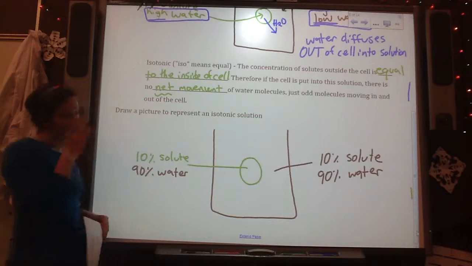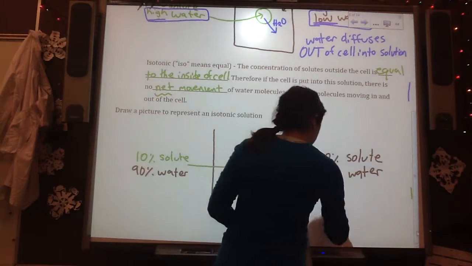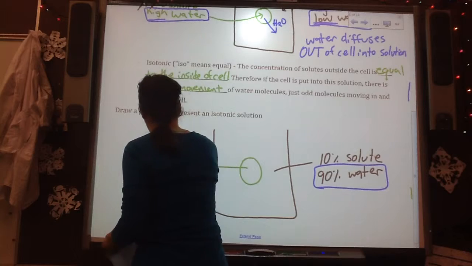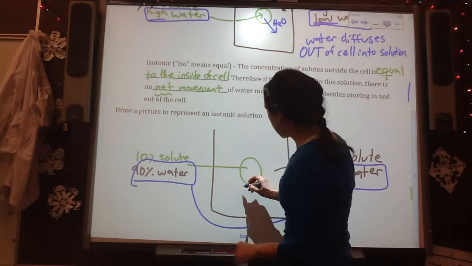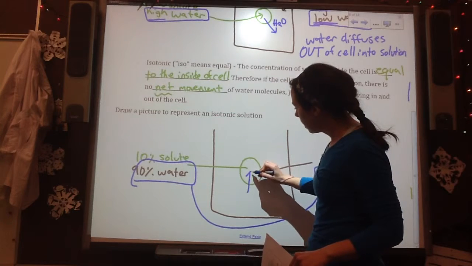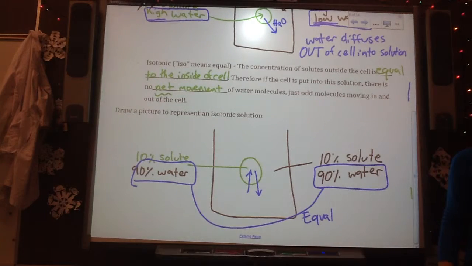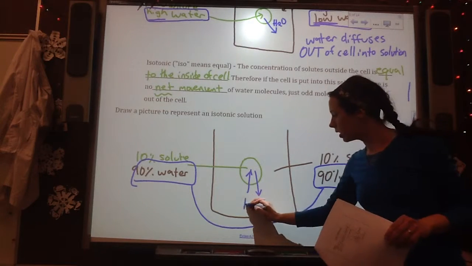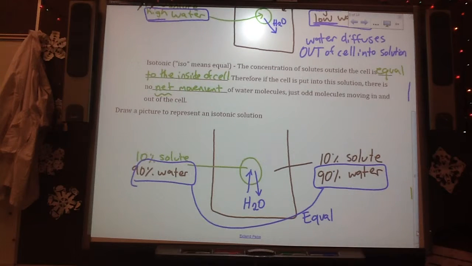So it doesn't always mean it's 50-50. It means the solution is the exact same as the cell. So there's no high to low concentration of water. These are equal. So the same amount of water that goes in is the same amount that comes out. Water is still moving, but the same amount goes in as comes out.